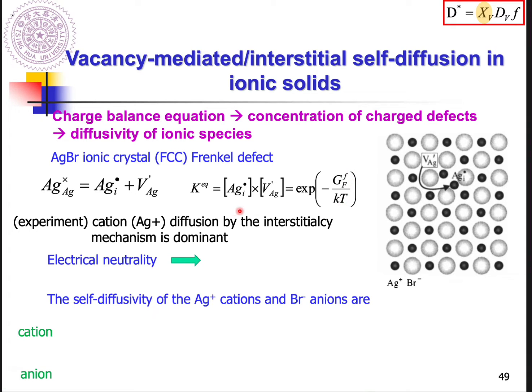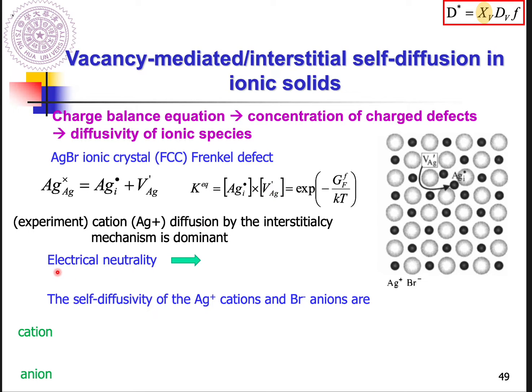Based on the concept of charge balance, the number of silver ions at interstitial sites must equal the number of vacancies at silver sites.